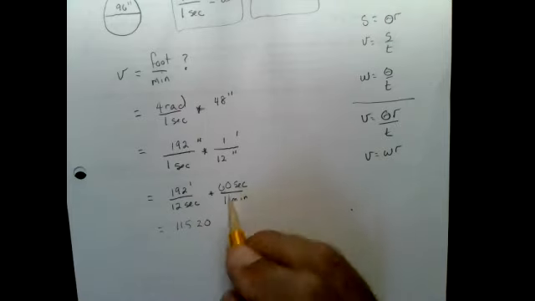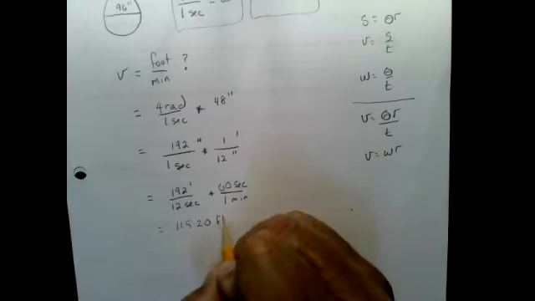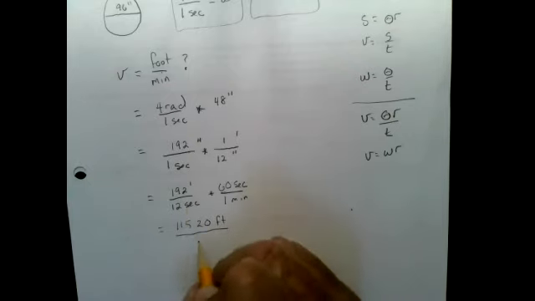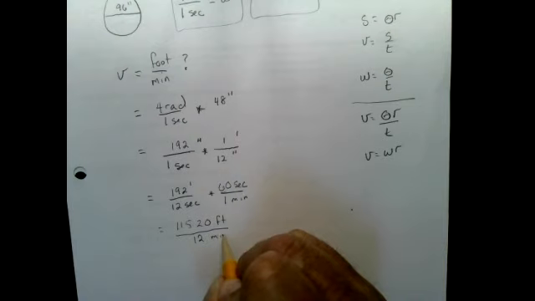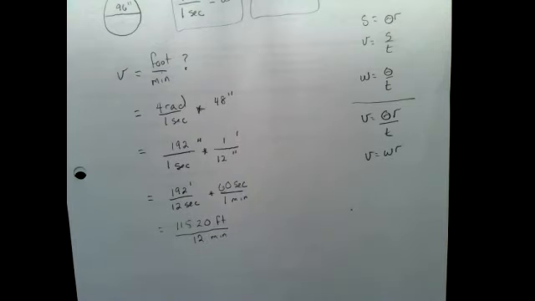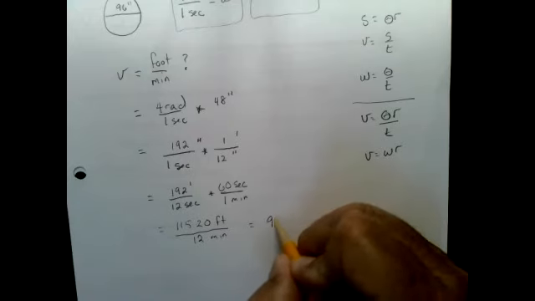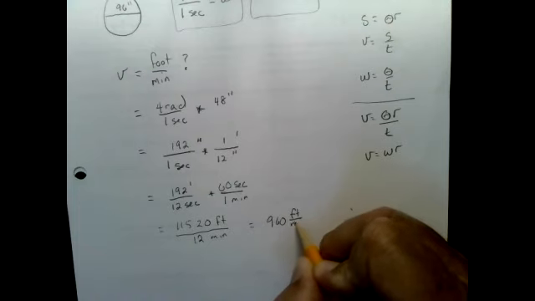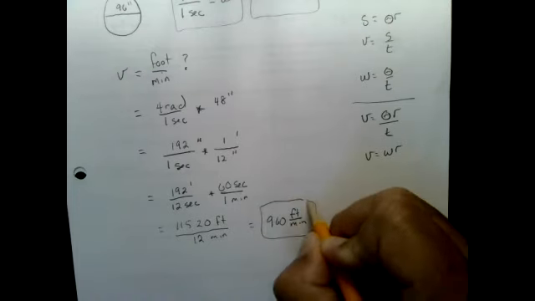The seconds were canceled, so this is feet over 12 minutes. I should probably divide that by 12, and I get 960 feet per minute. Nicely done.